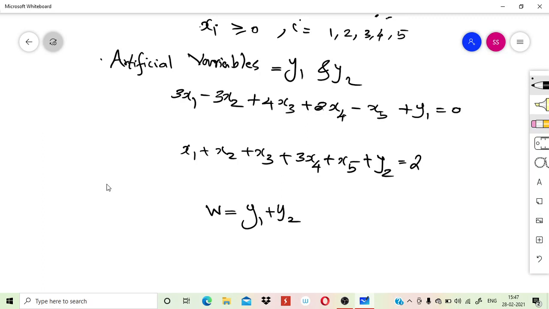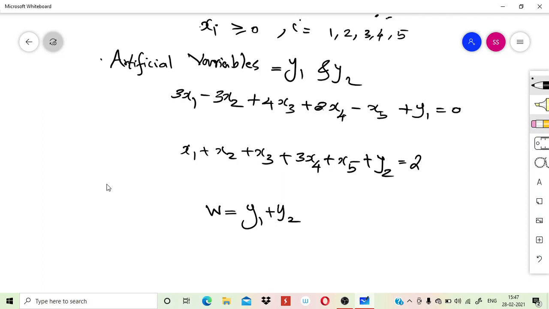We will try to minimize this variable w, y1 plus y2, in phase 1 of our two-phase simplex method, so that our concept is the same. That means minimize, and our concept will not be affected at all.